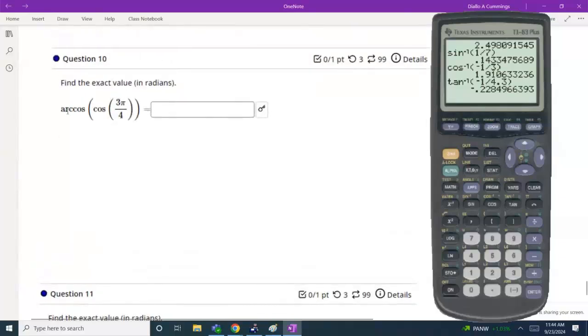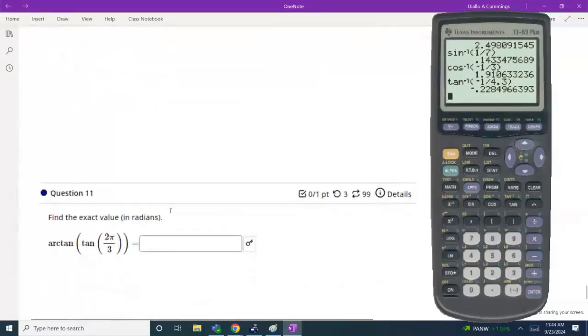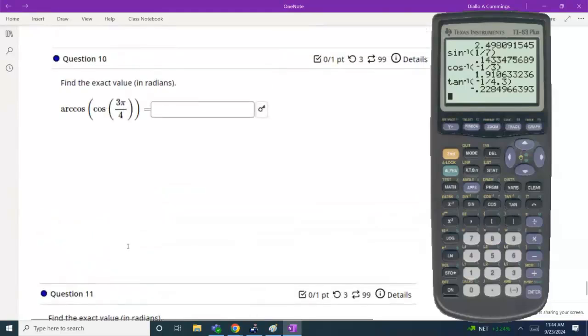Notice that my outermost function is an arc cosine, so the answer to this is some kind of angle measure. And the same sort of thing here, it's an arc tangent, which represents an angle measure.